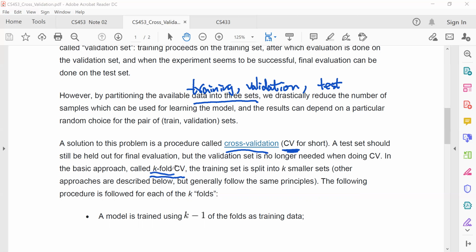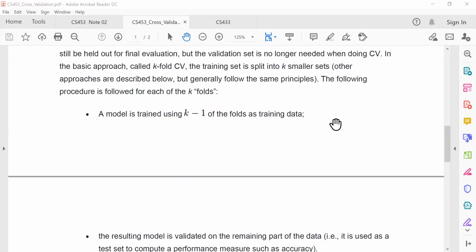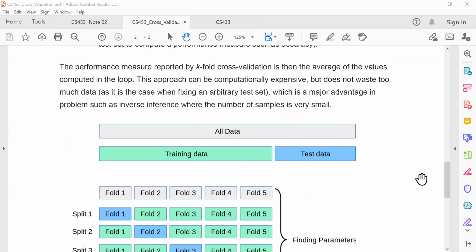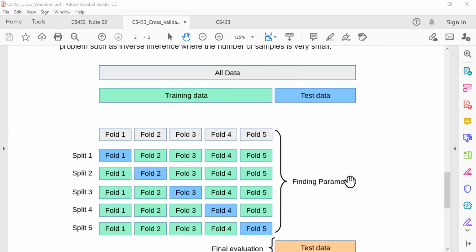But what does K-fold cross validation mean? Let's take a look at this diagram, which makes more sense. Over here, the very top is your sample space.